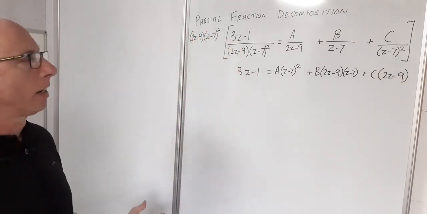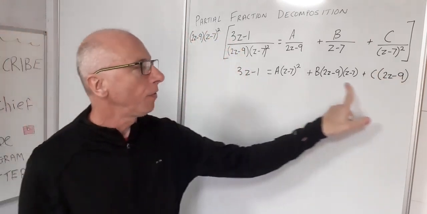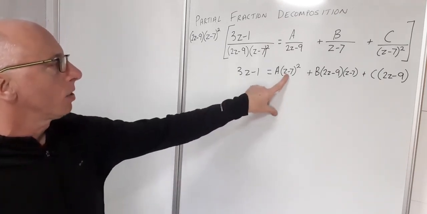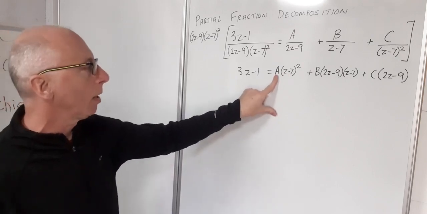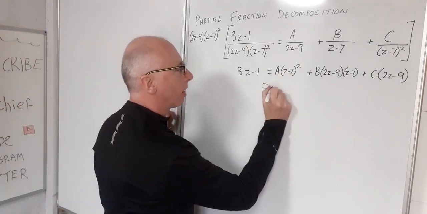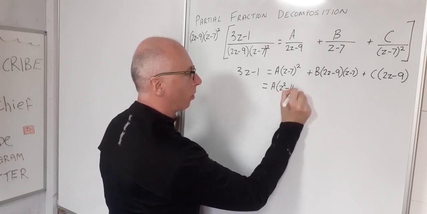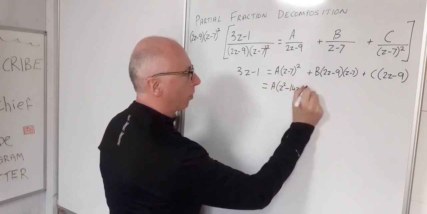Okay, right. Now what I'm going to do is to FOIL out all of these brackets. So z minus 7 squared multiplied by a. So I'll have a times z squared minus 14z plus 49.